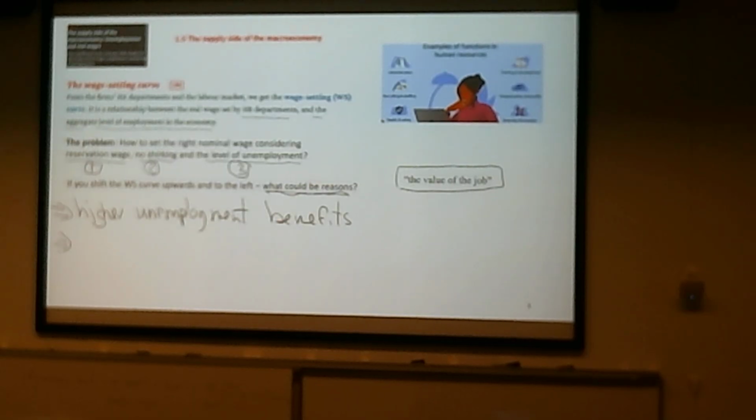What are other reasons? Well, it could also be other things on the benefits side. Or it could be that this cost is going down, so stigma is going down. That could be a reason. It could also be something here that's going up. Both would mean that you need to pay better.